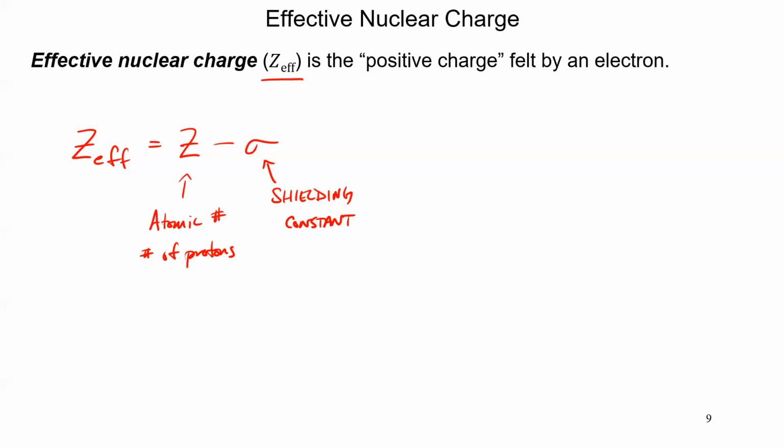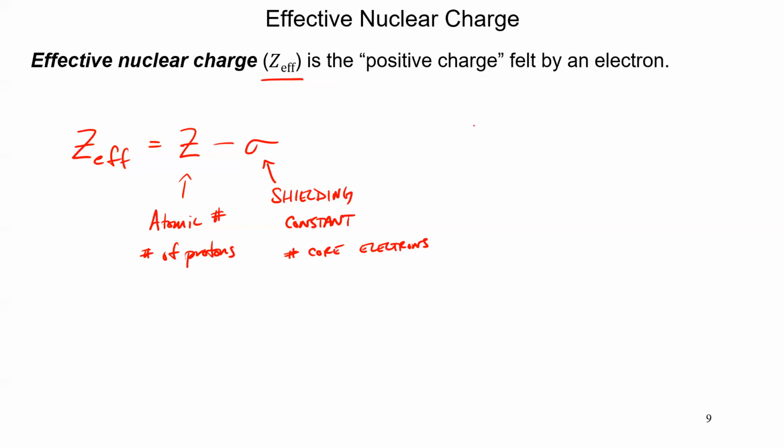And for all intents and purposes in this class, that shielding constant is going to be equal to the number of core electrons. Now that sigma value is not really a one-for-one in terms of core electrons to shielding, but generally speaking, it's pretty close. And so we're going to use that shielding constant as the number of core electrons.